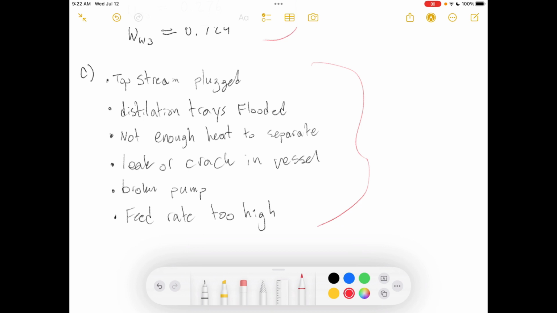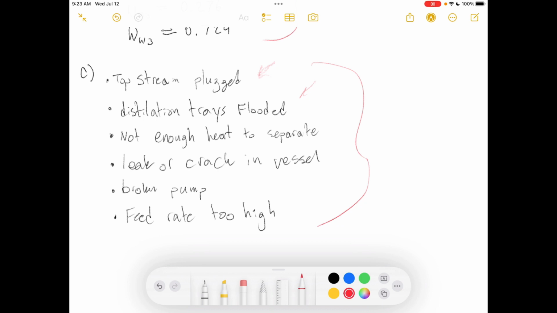If there's a significant amount of methanol in the bottom stream, that means the methanol is not making it to the top stream, and that could be because the top stream is plugged. The distillation trays could be flooded, so what happens here is that the flow rate going into the distillation column is so high that the bubbles, instead of separating, are carrying liquid with them because they're moving so quickly.